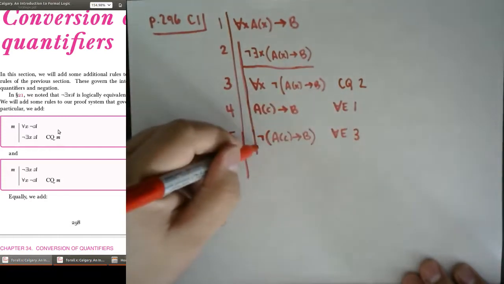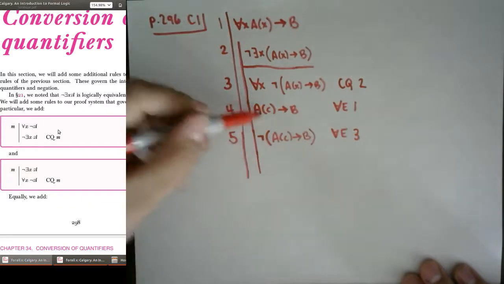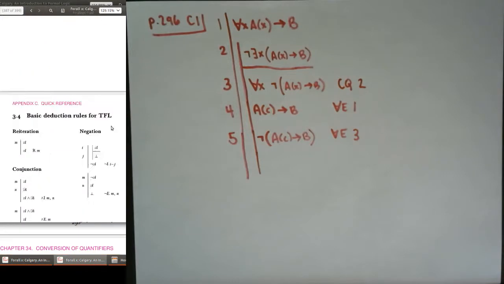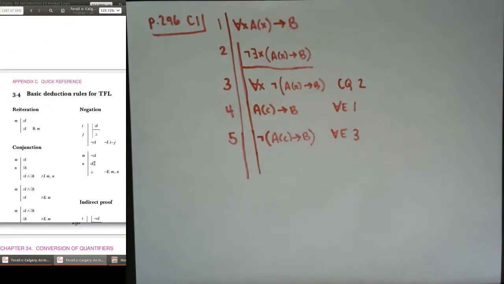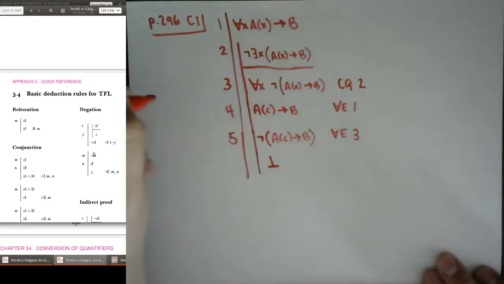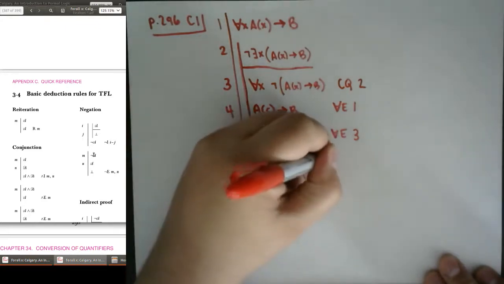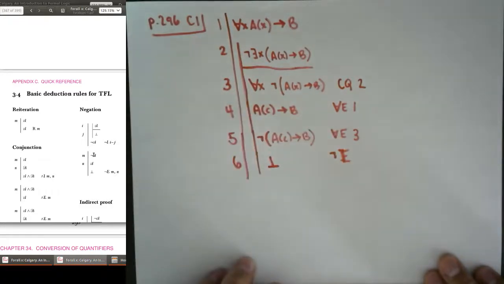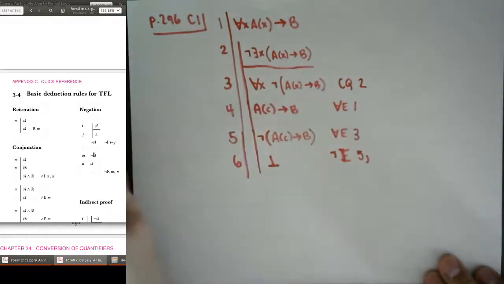Well, okay, of course we have a contradiction, right? We have something and its negation, and what was that called? Negation elimination. If I have something and its negation appearing earlier in the proof, then I'm allowed to say, well, contradiction, that's a problem, and that's negation elimination. I have to cite the negated thing first, so that would be line 5 and then line 4.